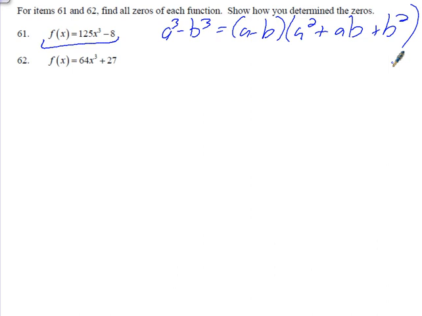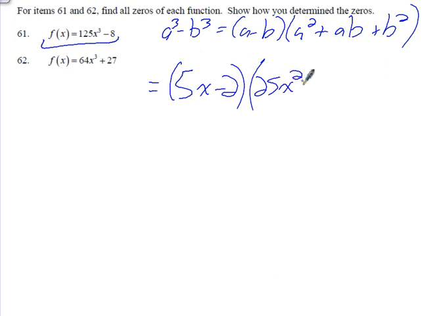So 125, the cube root of that, is going to be 5x. Cube root of 8 is 2, so I have 5x minus 2. And then I'm left with 25x squared plus 10x plus 4.